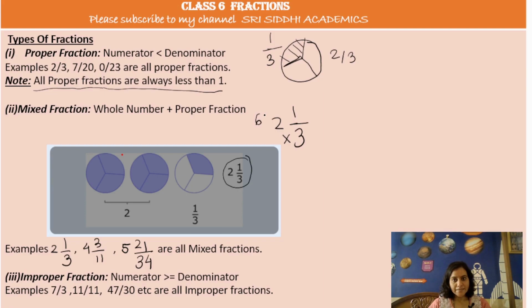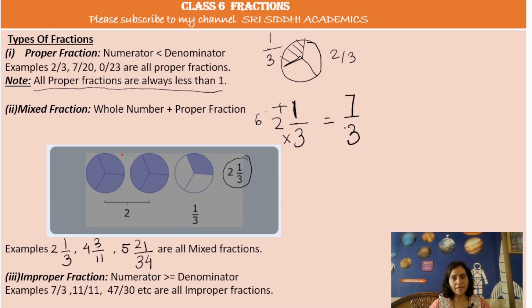So this 6 needs to be added with this numerator here. So 6 plus 1 will give us numerator. Final numerator is 7/3. Denominator will remain the same. यहाँ पे भी 3 था, यहाँ पे भी 3 रहेगा. So this is the example of mixed fraction, and why I said mixed fraction is equivalent of an improper fraction.